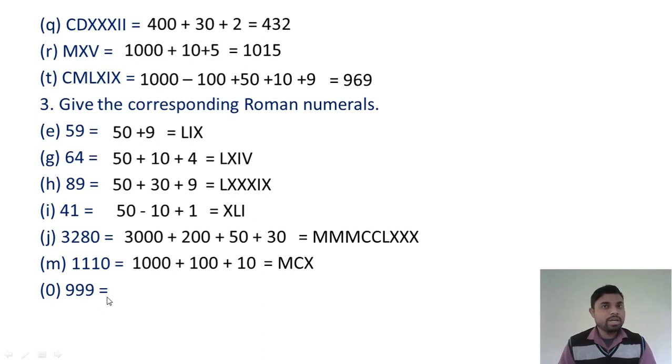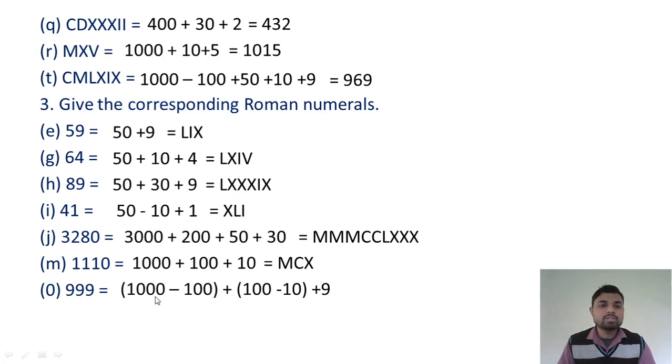Next, 999. Okay. Very good question. Yes, students. Can you write 1000 minus 1? No, we cannot subtract 1 from M. Okay, so how will we do it? We write in this way: 1000 minus 100, that means 900. 100 minus 10, that means 90, plus 9.